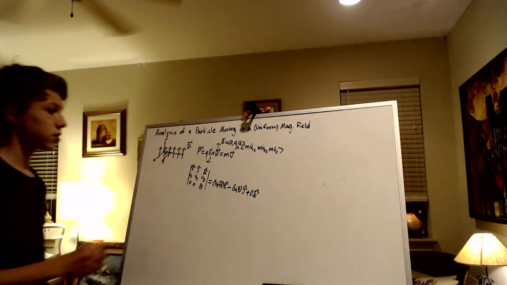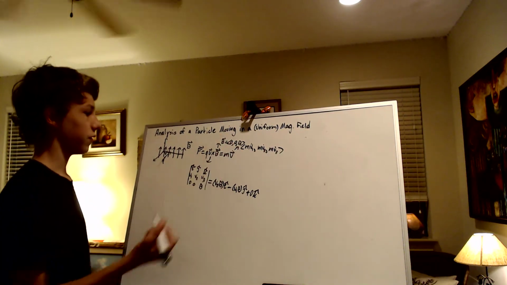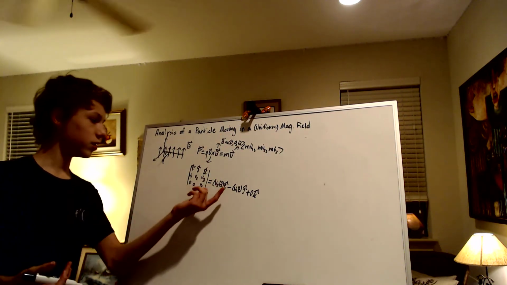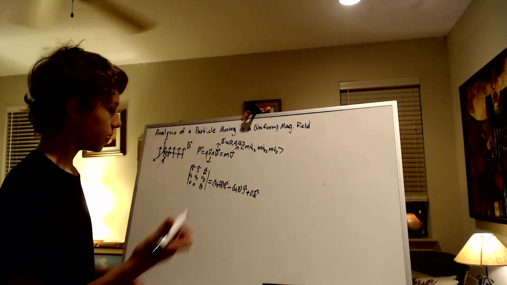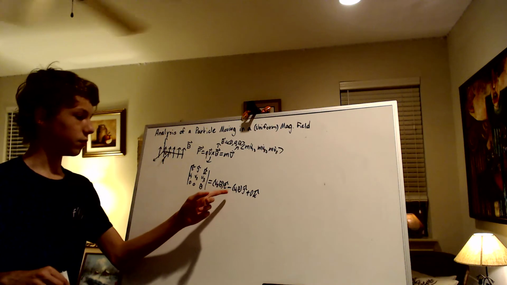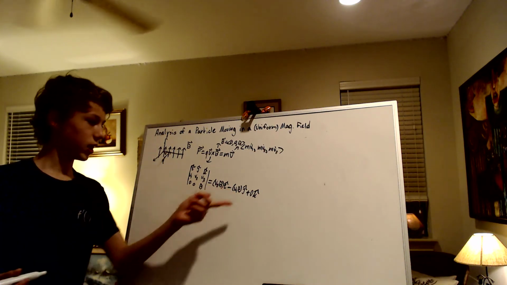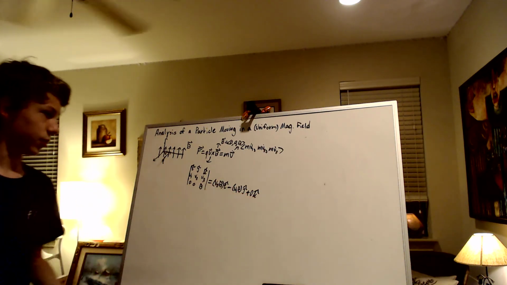So now let's quickly resolve this. When we multiply q into each of these, we're just going to get qv2b as our first component, negative qv1b as our second component, and 0 as our third component.